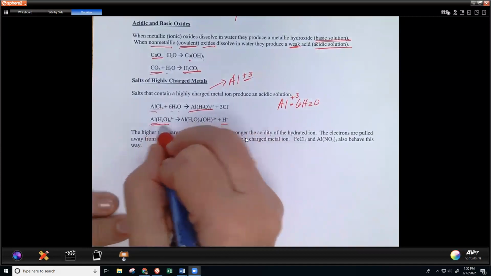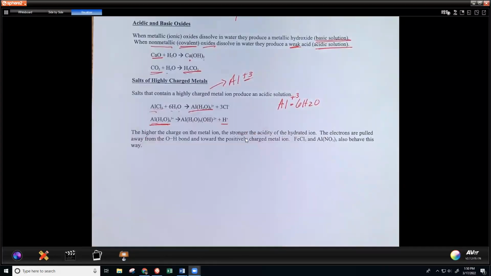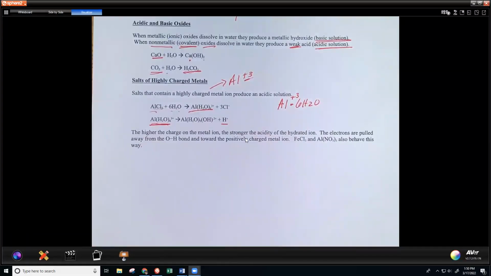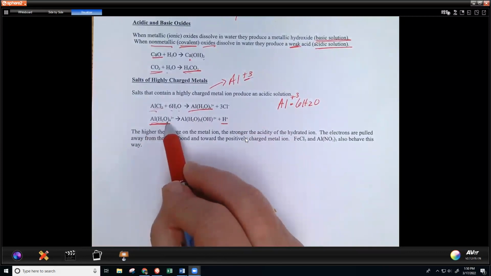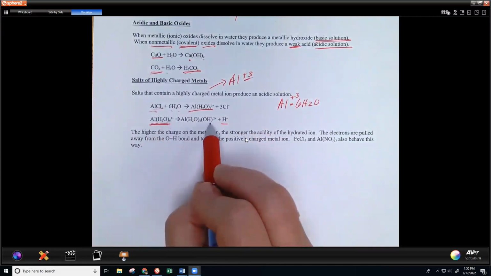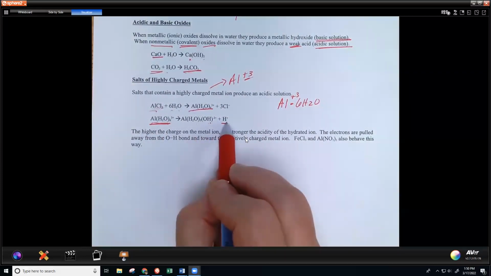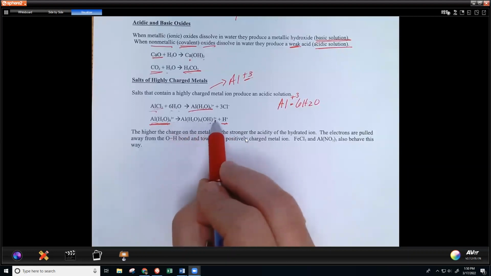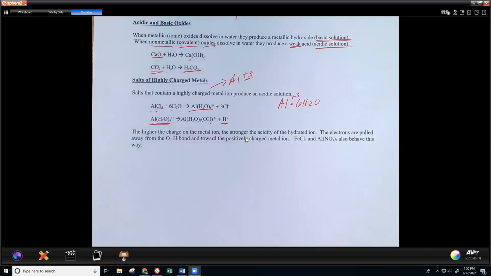If you saw something that looked really weird, then you might be asked what kind of solution it would form, and it would form an acidic solution. And it has 6 waters. One of the waters loses a hydrogen, not all of them. And that's how we end up having the hydronium, the H+, the acidic solution. If you notice, the charge also went down overall to a +2.